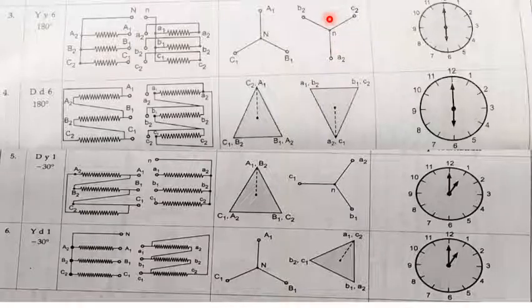With respect to A2, 30 degree phase means here you will get A2. Similarly B2, and with respect to B2 here you will get B1, which has a phase displacement of minus 30 degree, lagging in this case. So in this case you get 1 o'clock. Similarly that is the case of star delta, that is 1, that is minus 30 degree.